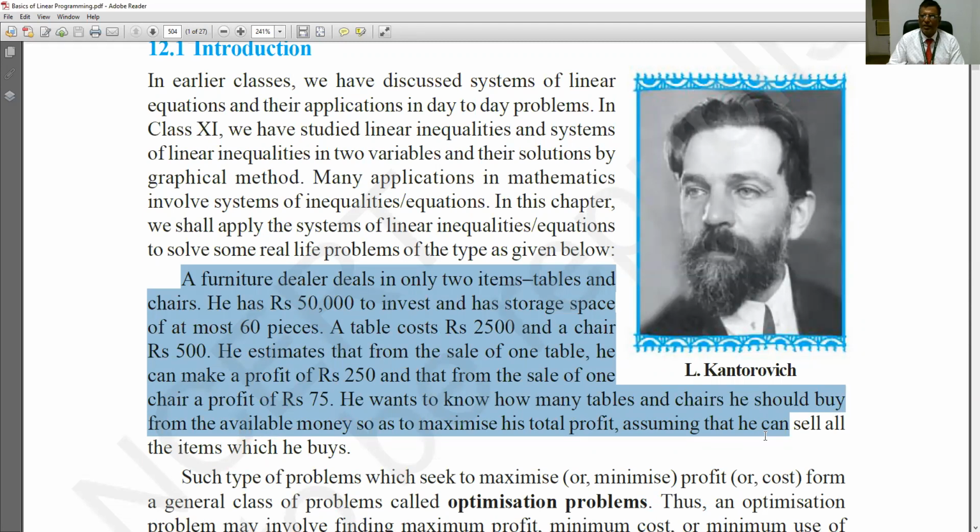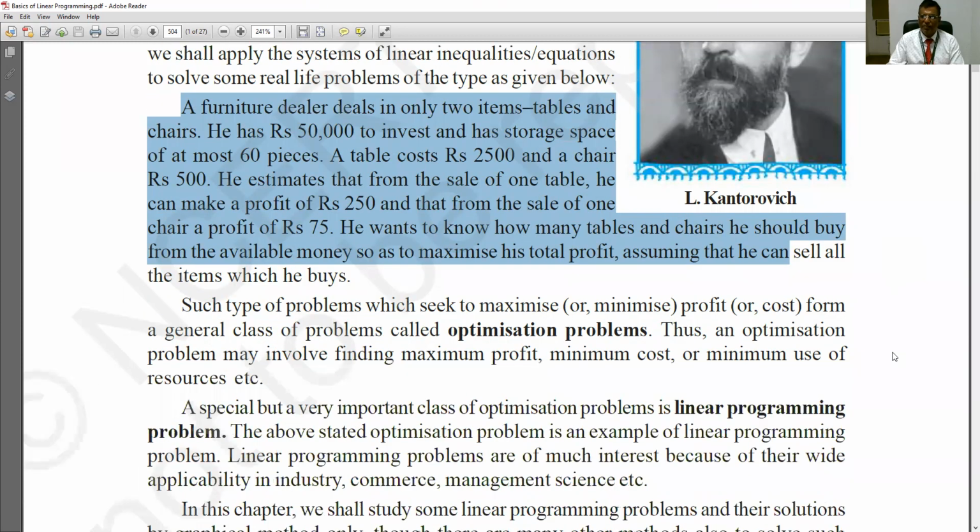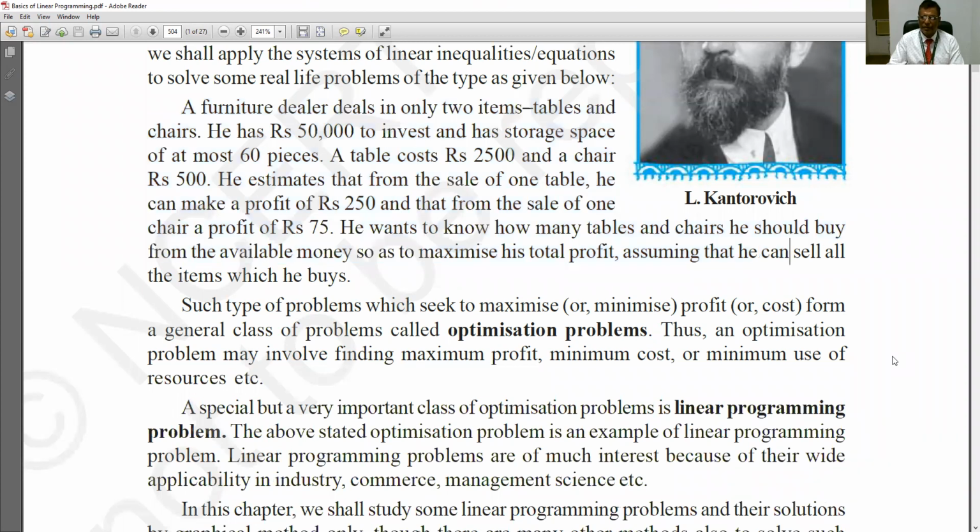I have just changed the digit and I have explained in the previous topic about that, and I have also discussed about how to minimize the cost and maximize the benefit. Such type of problem which seeks to maximize or minimize profit or cost from a general class of problem called optimization problems.